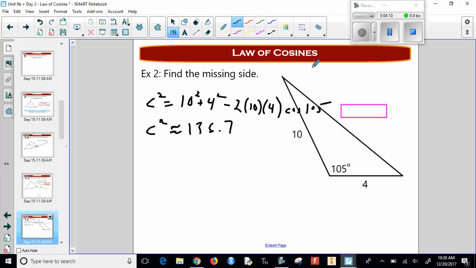Every year on a test, I get a length like 136. And you've got to understand that that's c squared. So if I want to find c, I square root that, and I should get about 11.7.